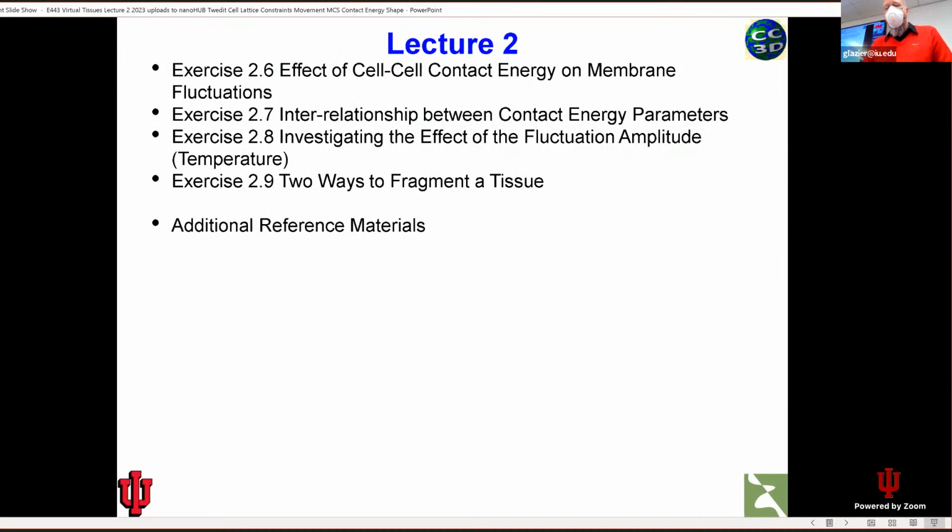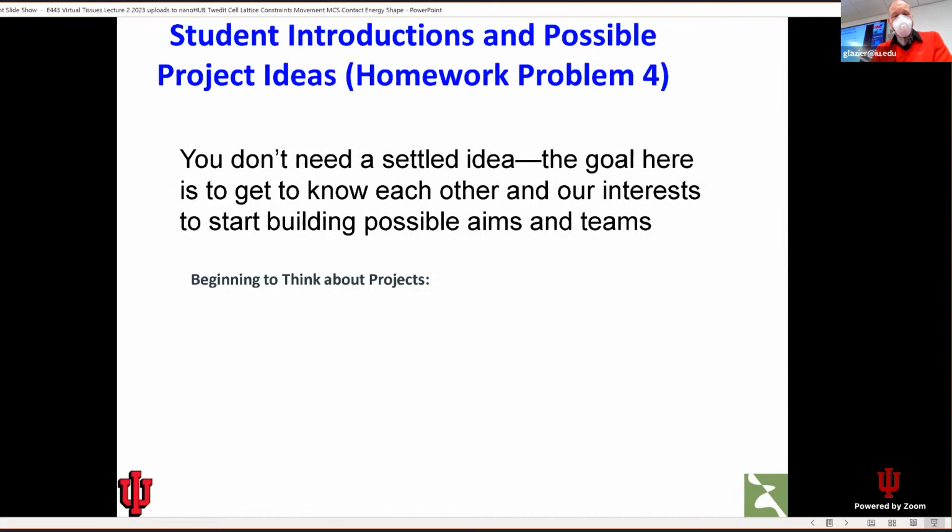In particular, thinking about membrane fluctuations and contact energies as control parameters. In the online version of this, there'll be some extra slides that go into more detail that we won't cover in class today.